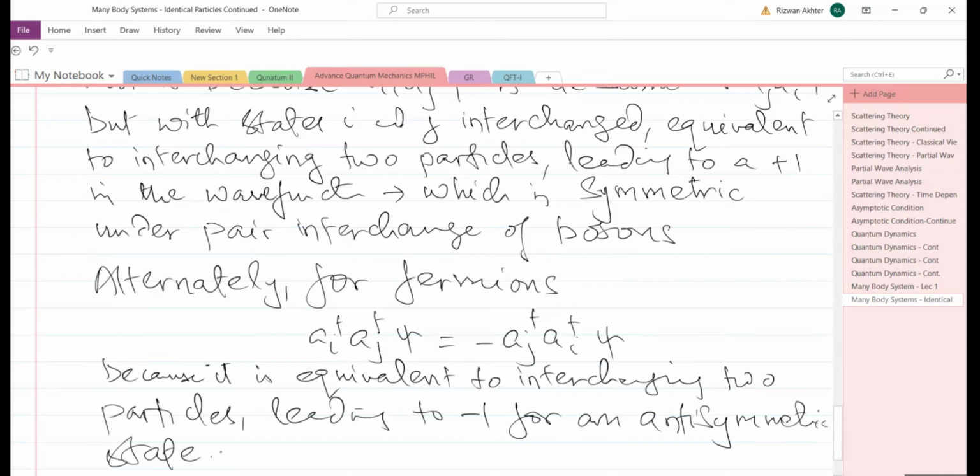Corresponding to plus 1 and minus 1, we have two types of relations: the commutation relation and the anti-commutation relation. Remember from your course in third year honors, quantum mechanics 1, the recipe for quantization of classical particles is to first identify the dynamical variables.